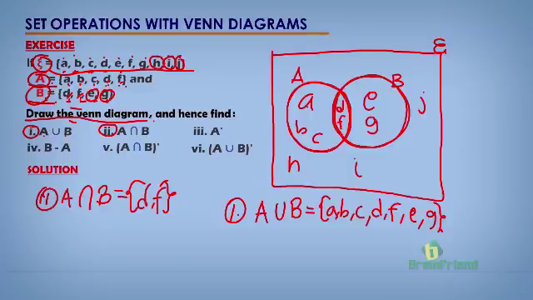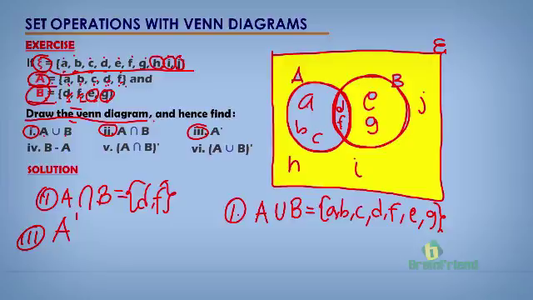Let's take a look at the next question we have, which is the complement of A. The complement of A, we said, is the set of all elements that are in the universe but are not in our given set, which in this instance is A. The part that is the complement of A would be this region.